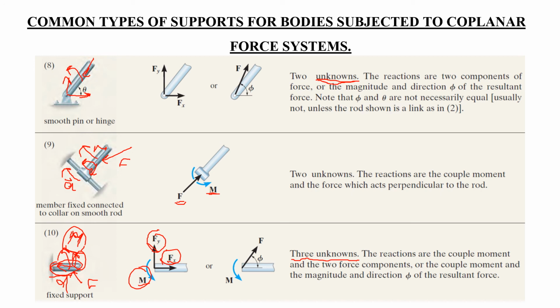So this concludes our basic supports acting on a body, and hopefully we will have a discussion where you can try and solve different cases. I'll see if I can provide you some examples, and you can see what the support is. For example, see door hinges.